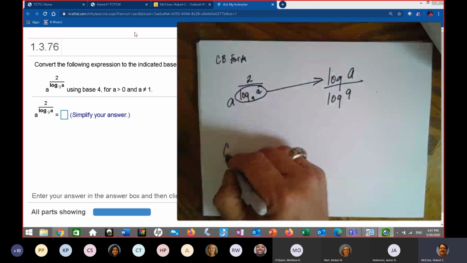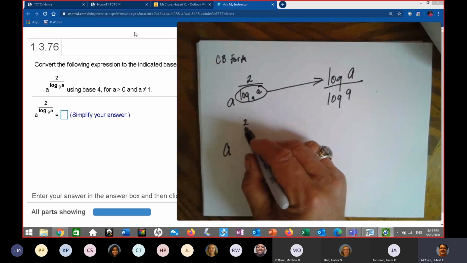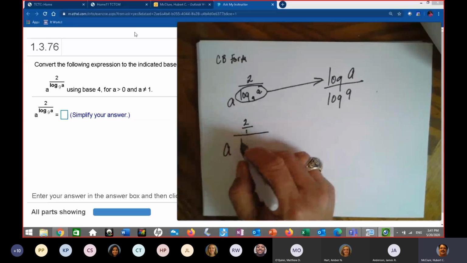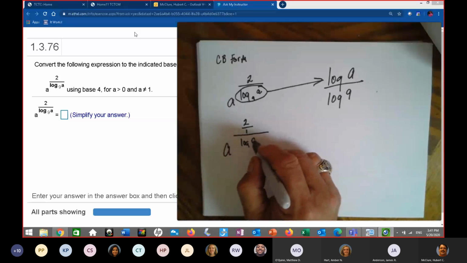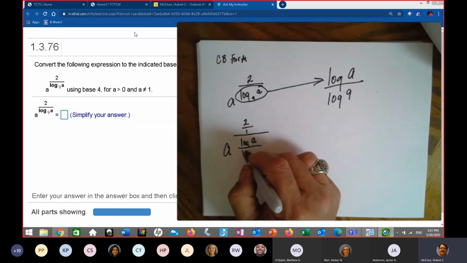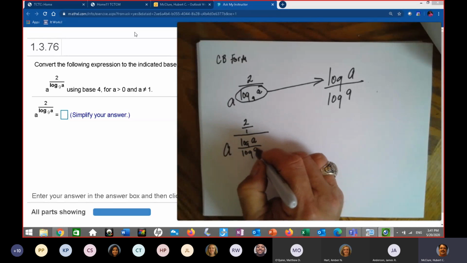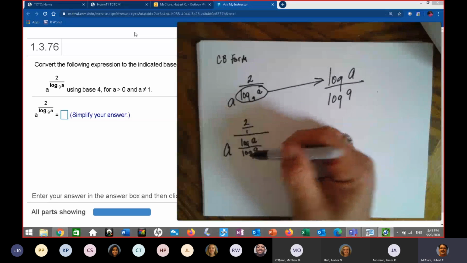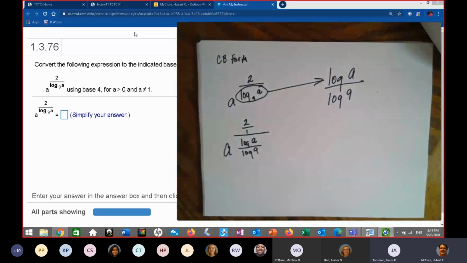But you could rewrite this as that. So that would be A to the 2 over 1 over log of A over log of 9. Now, what do you do when you take a fraction and divide by a fraction? Or whenever you divide by a fraction, what do you do? Quit. Quit? Yeah, that's a good answer. But most of the time, you multiply by the what? Reciprocal.